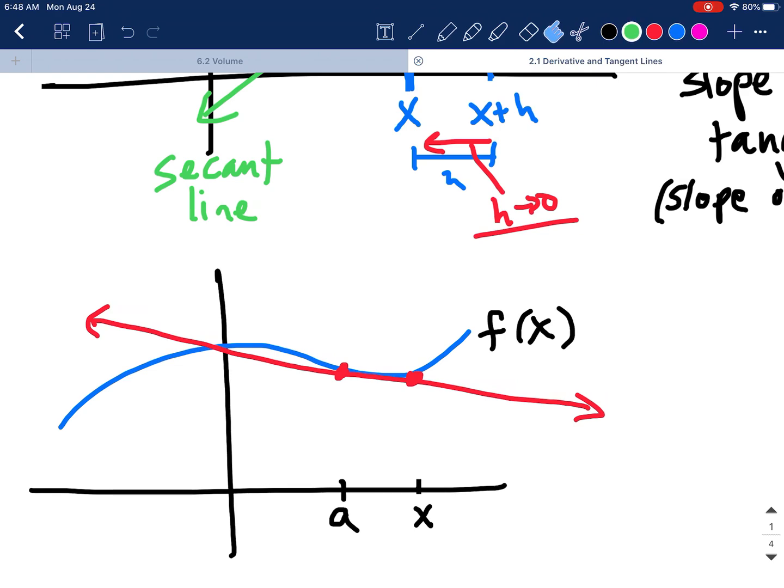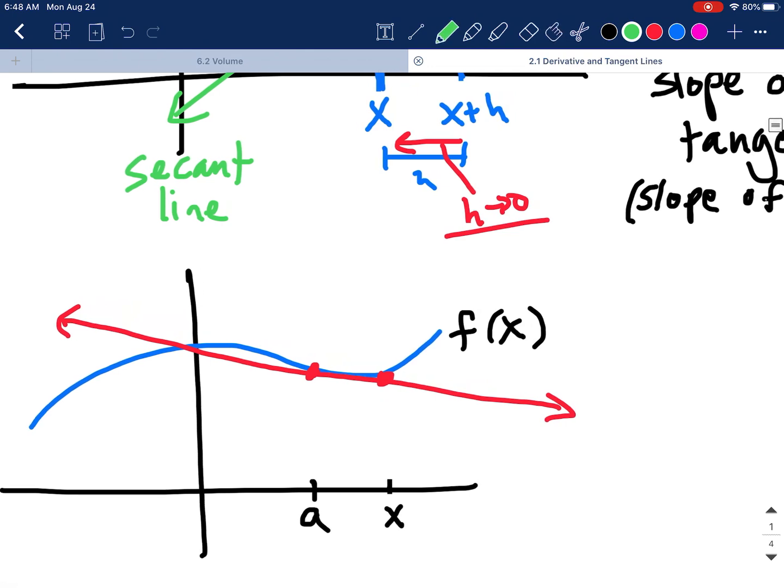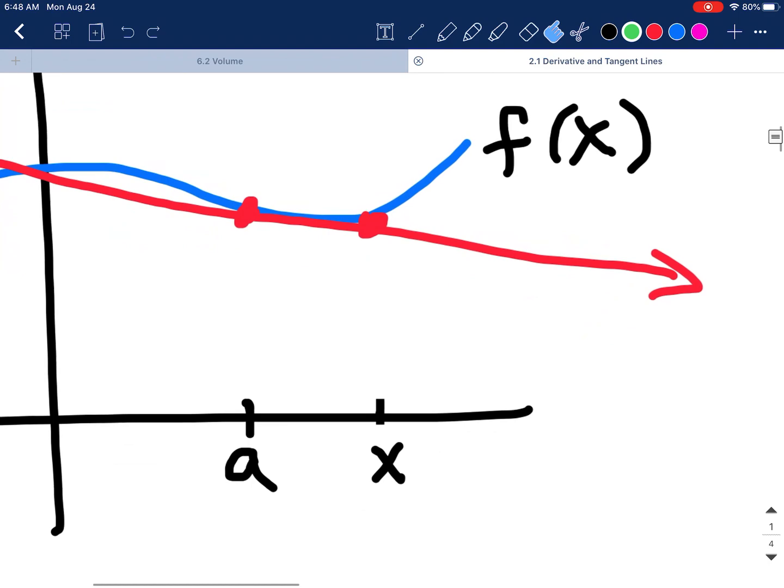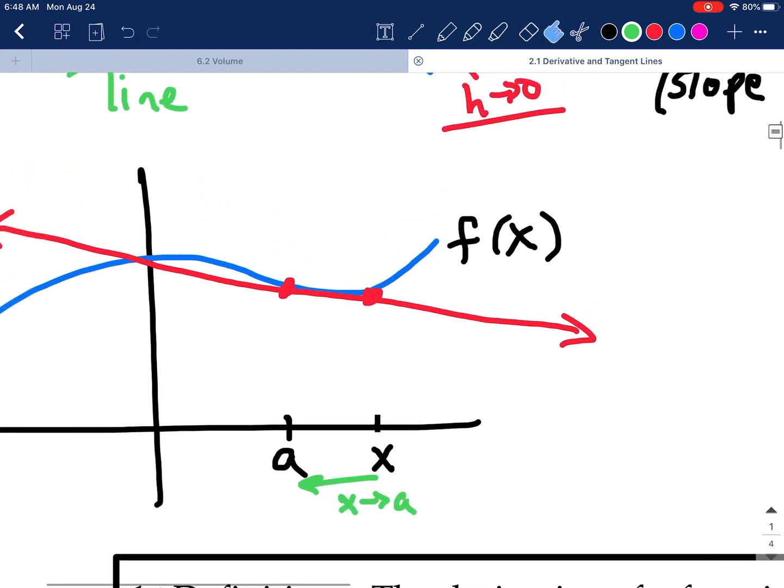So if I want it at a specific point, call it a, it would be the same sort of limit, but what I would be doing is shrinking the distance of x from a as x approaches a. So this would be as x goes to a.